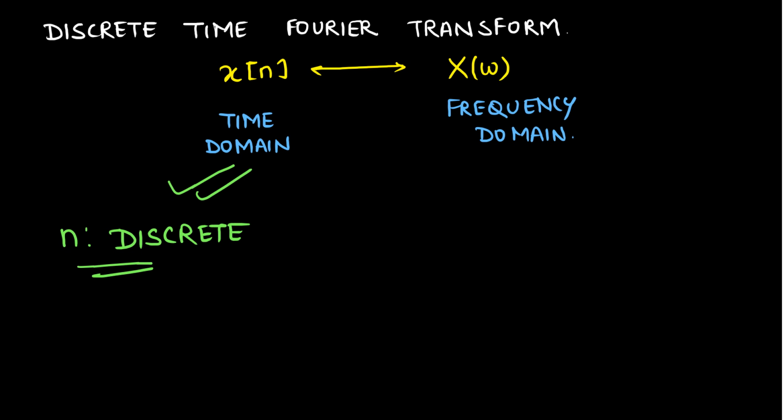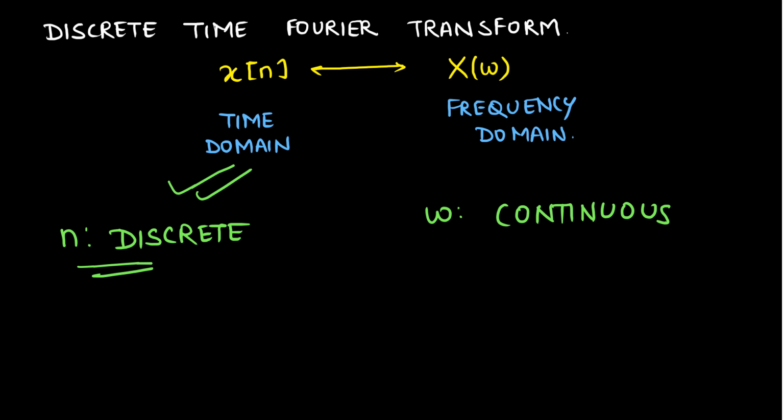But if we look at this omega here, that is domain of this X of omega, this is continuous. And if we go back to the main aim of having discretization, it was like we are able to store these discrete values in the computers and have computations that can be easily done using any kind of processors.